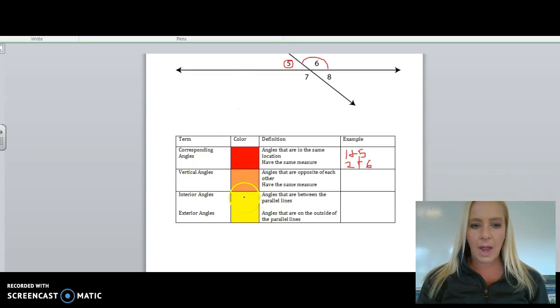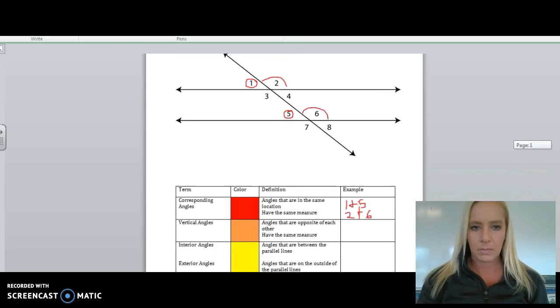So interior angles, let's highlight them. We're going to highlight them in yellow.